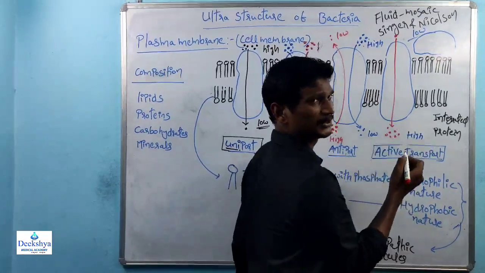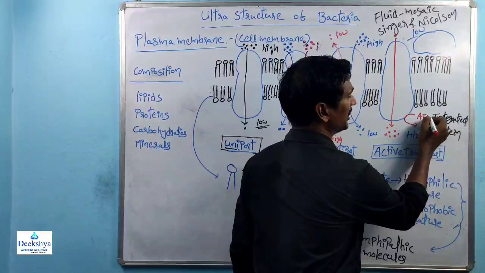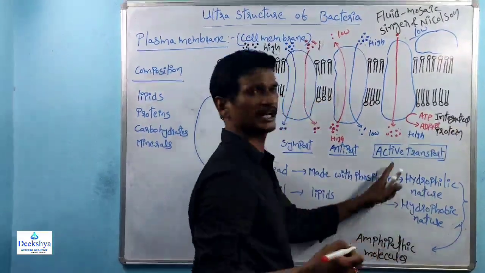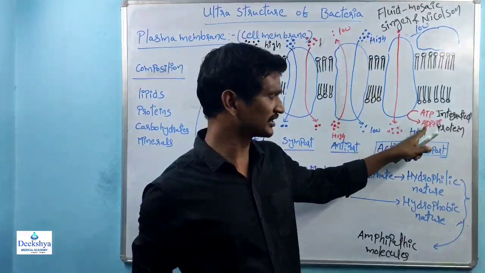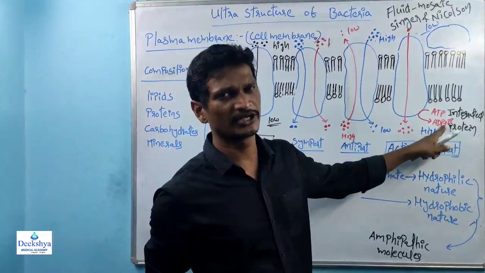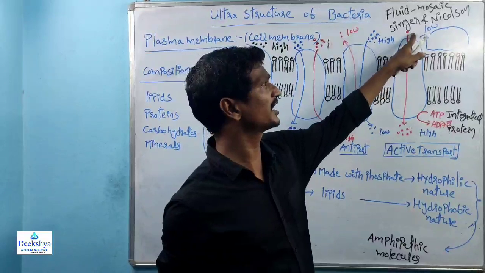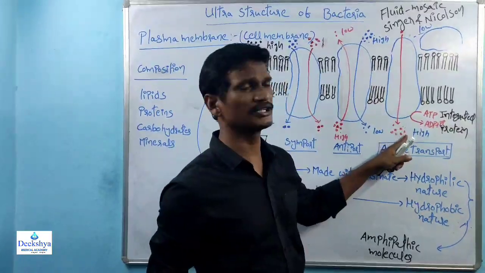Here ATP utilization takes place. ATP is converted into ADP plus Pi. Within the active transport mechanism, ATP is utilized; the high energy compound is converted into a low energy compound. By the utilization of energy, molecules are transported from low concentration region to high concentration region.